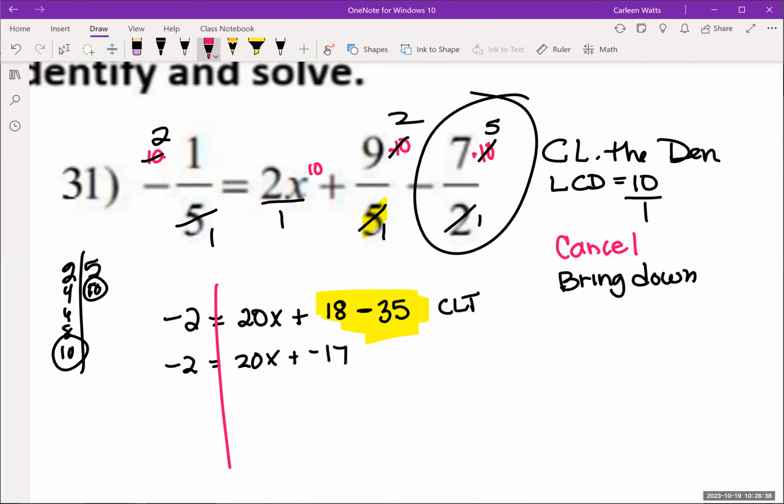Okay, what's the next step? The next step is isolate. We're going to add 17 to both sides. 20x is equal to 15.